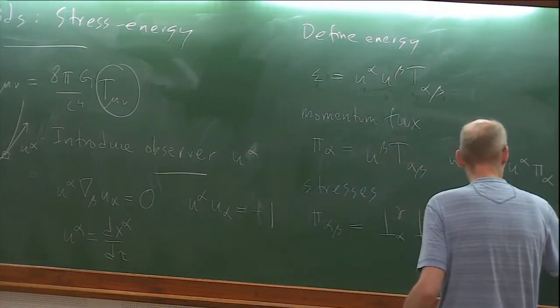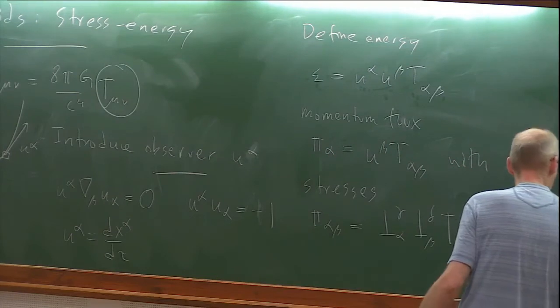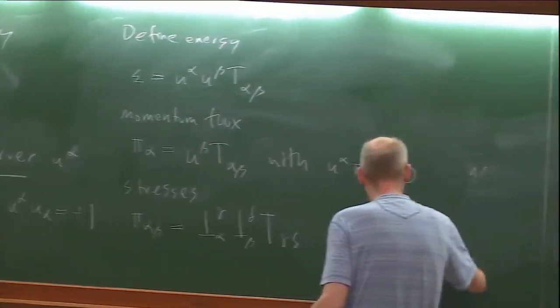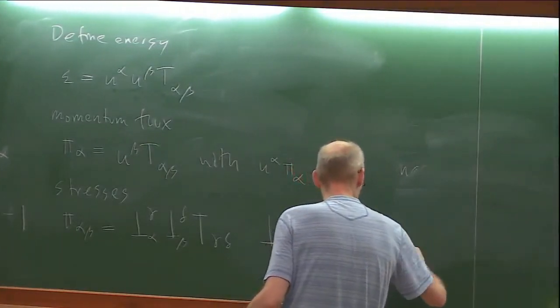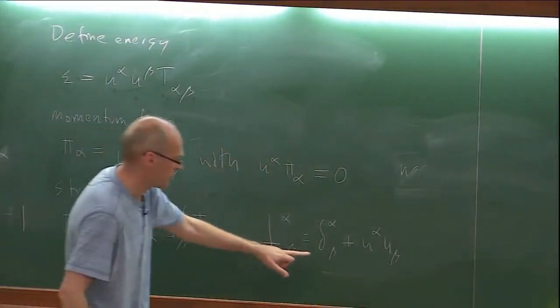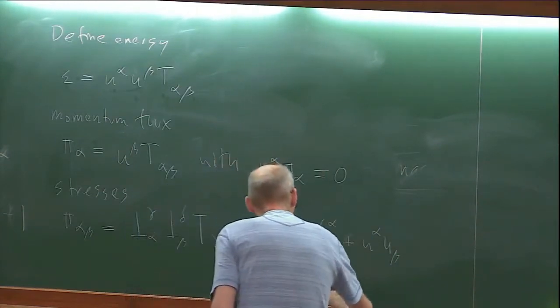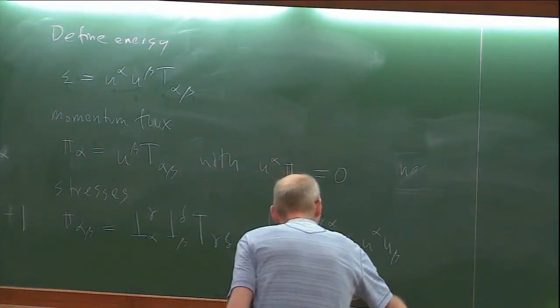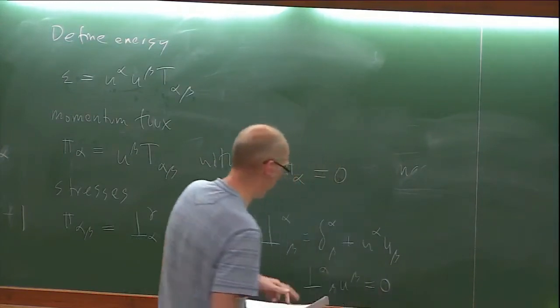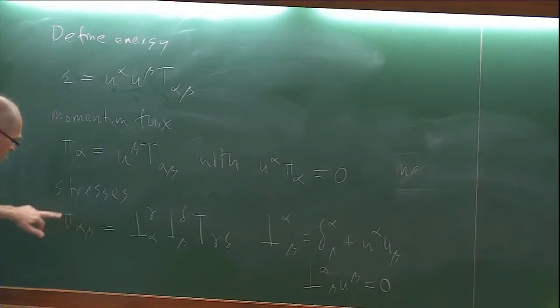So this guy. Minus, plus. So this is just taking the projection orthogonal. So if you hit this guy, so if you do alpha beta U beta, then that has no component along U. And therefore what I'm doing here is I'm just taking whatever is left.